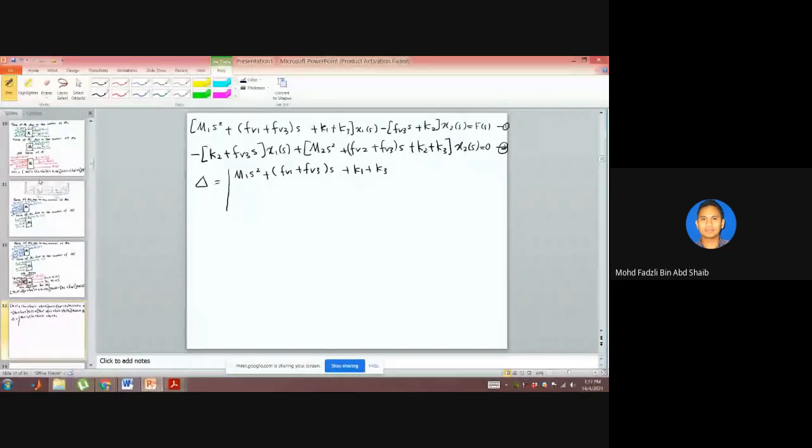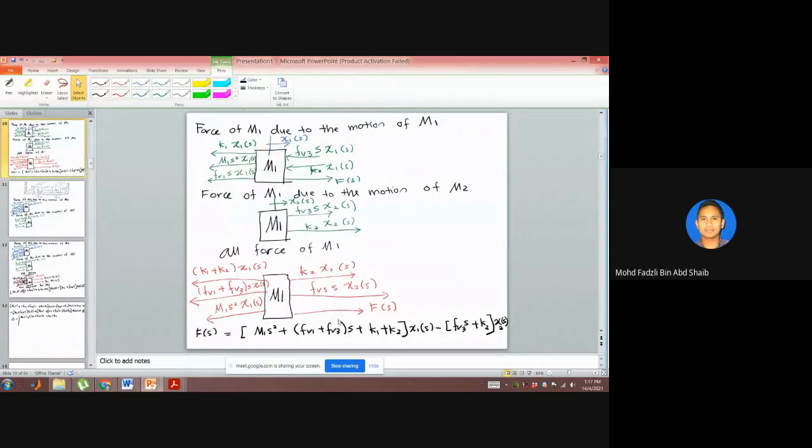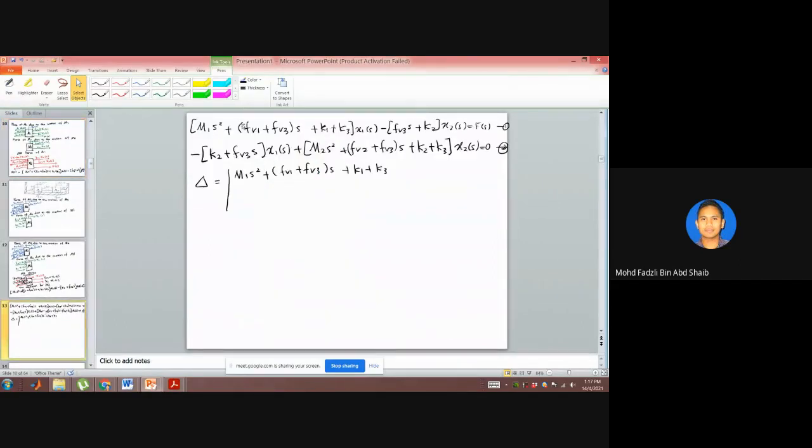Wait, this one K1 plus K2, I'm sorry. This one K1 plus K2, right? Here's supposed to be K2. This is K2, right?